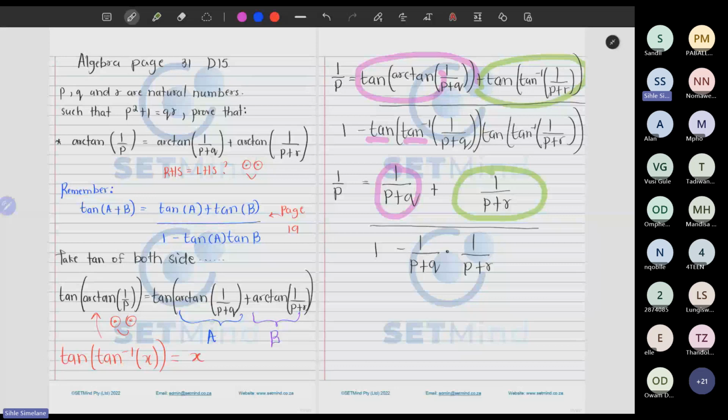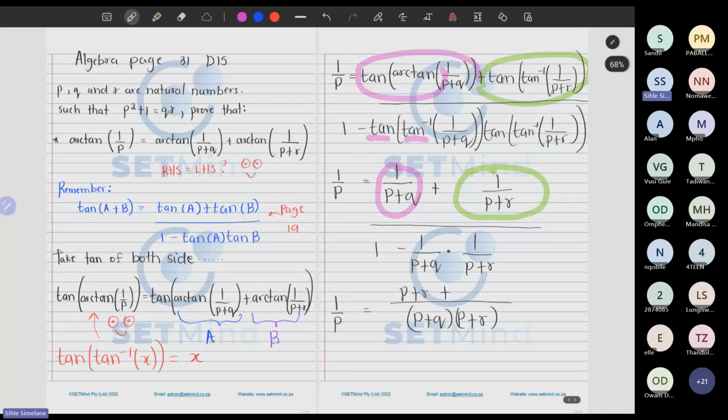So let's multiply the numerator. We'll have 1 over P equals, if I multiply the denominator of the numerator, I'll have P plus Q multiplied by P plus R. And then this is all divided by, you'll have P plus R plus P plus Q. This will be divided by, on the denominator, the simple product, 1 over P plus Q multiplied by P plus R. Okay, so let's quickly do some multiplication and see if this will check out.